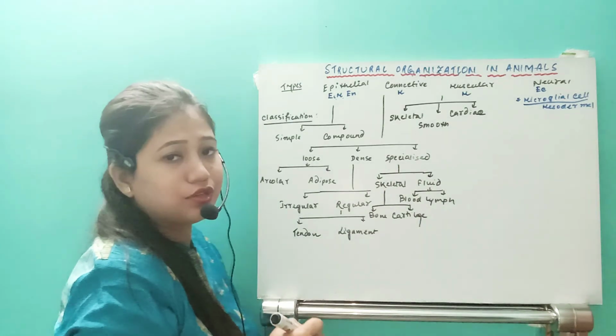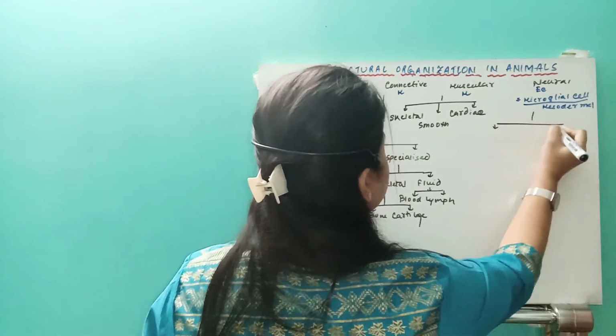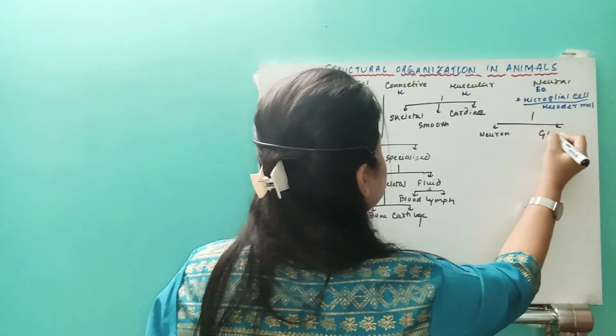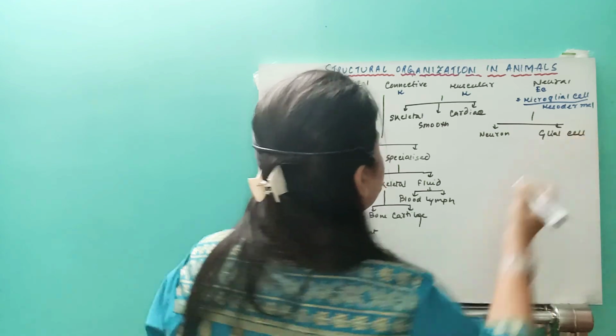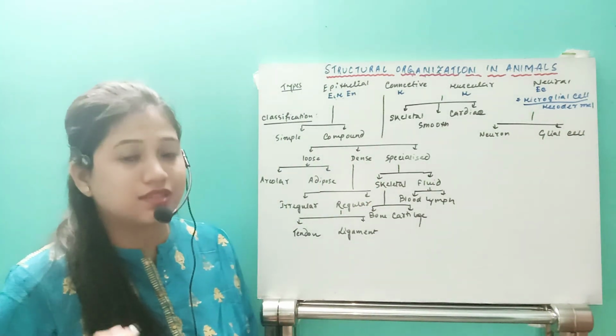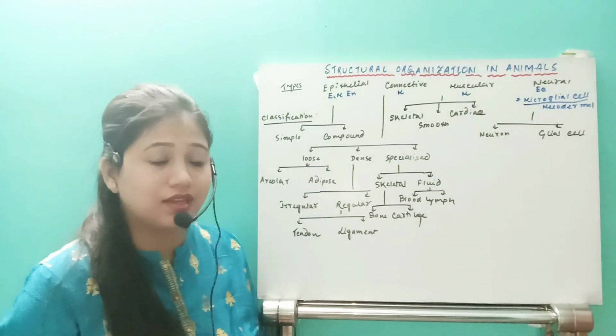Okay, if it is a neural type of tissue, then we have two types of neural tissue. One is just the neuron, another is the glial cell or the supporting cell. Now only the neuron makes the neural tissue, and to assist the neural tissue we have one type of supporting cell called the glial cell.